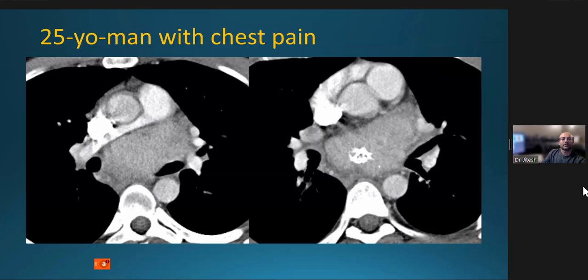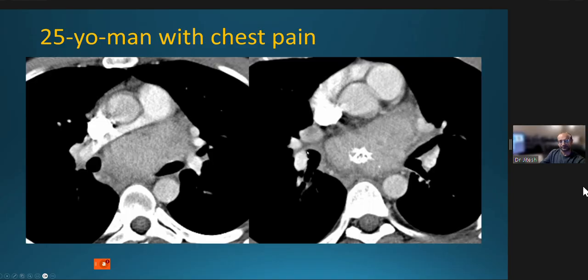Another patient, young, presented with chest pain. We can see this homogeneous mass which contains calcification in the visceral or middle mediastinal space, behind the right pulmonary artery.